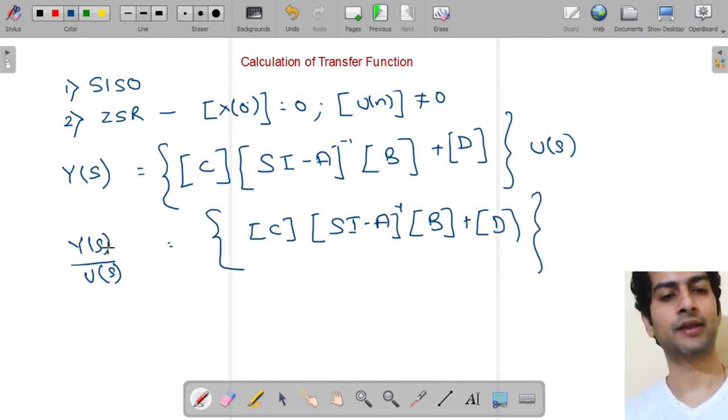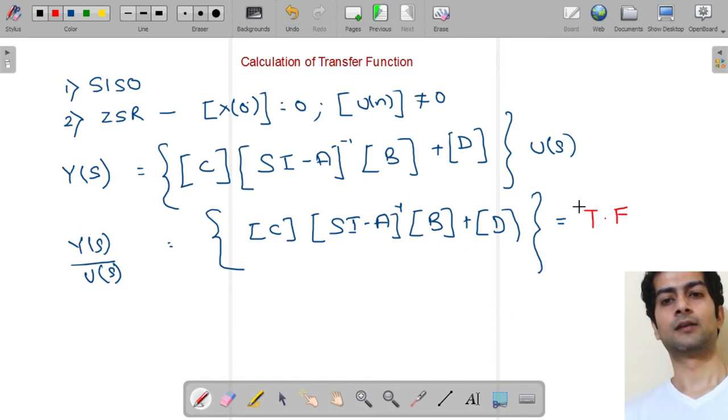See, Y(s) by U(s), output of the system by input of the system. Can I call it the transfer function? So this is the formula by which you can find the transfer function in case of state space: C matrix, (sI minus A) inverse matrix, B matrix plus D matrix. Don't ignore the D matrix.